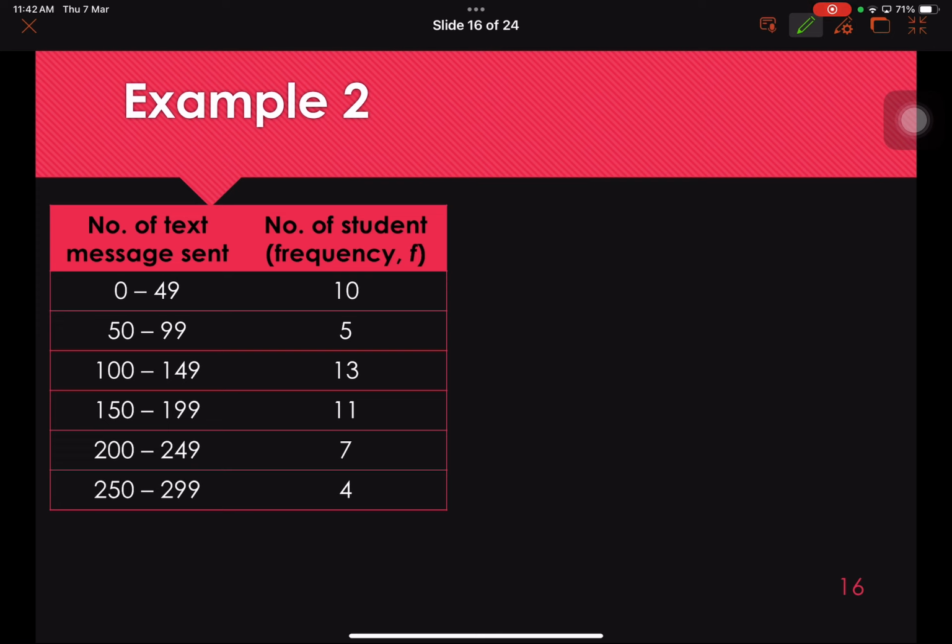Zero also. You have a different answer because this one is wrong.